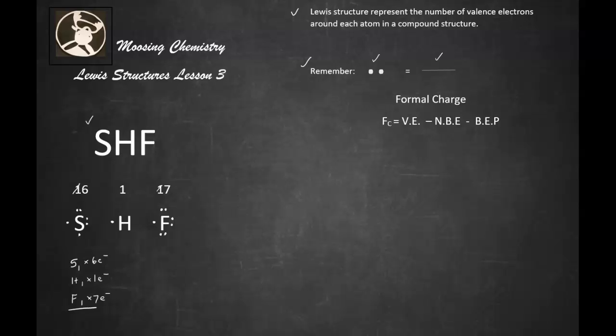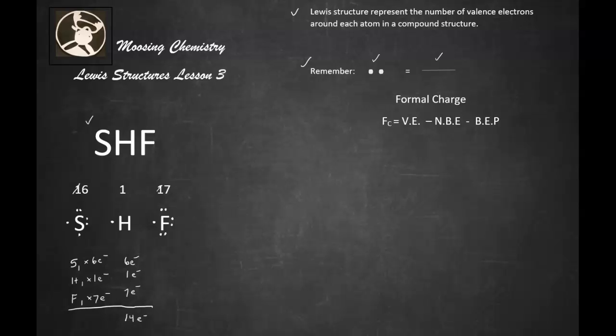So let's add all of this up right now. This gives me 6 electrons, this gives me 1 electron, this gives me 7 electrons. That adds up to be 14 valence electrons. So whatever structure I draw has to have 14 valence electrons.